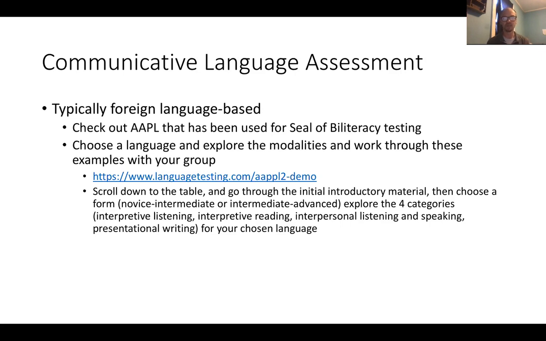And I wanted you to choose one of them, one of the languages, Arabic, Japanese, Spanish, and you can choose in those languages either beginner to intermediate or intermediate to advanced examples of assessment items for the different modalities. So those four categories of modality are interpretive listening, interpretive reading, interpersonal listening and speaking, and presentational writing.